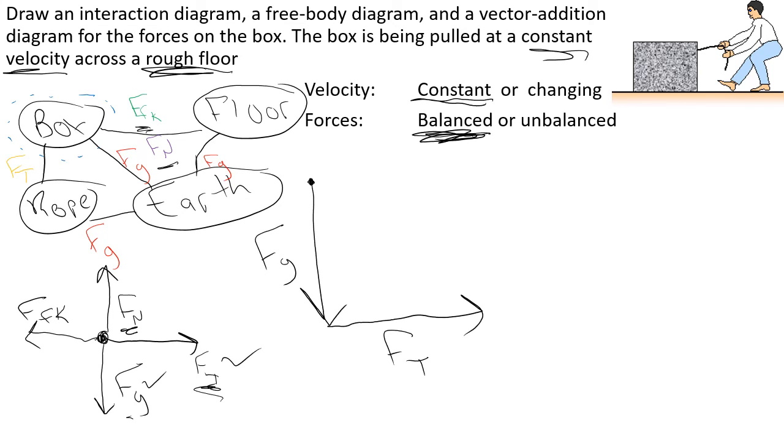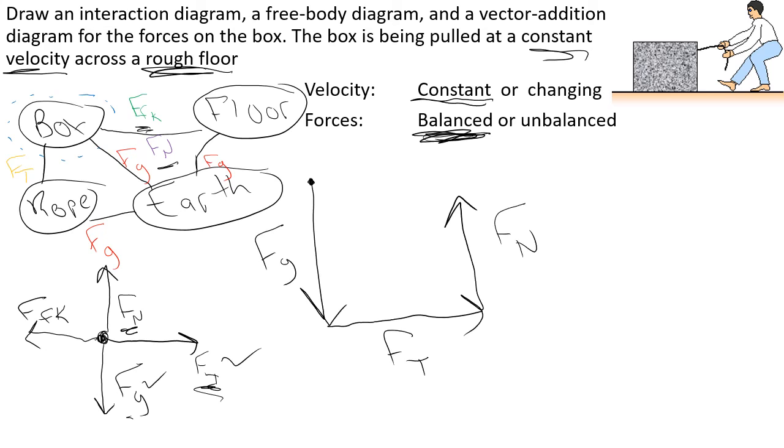And so this is, again, where balanced unbalanced comes into play. I have to make the normal force equal to gravitational force, because if I went higher than that, if I drew it all the way up here, then when I draw my friction force, I have to draw it the same direction, and so I'm going to have a gap here. So I can't make my normal force longer than Fg, and vice versa, I can't make the normal force shorter than Fg for the same reason.